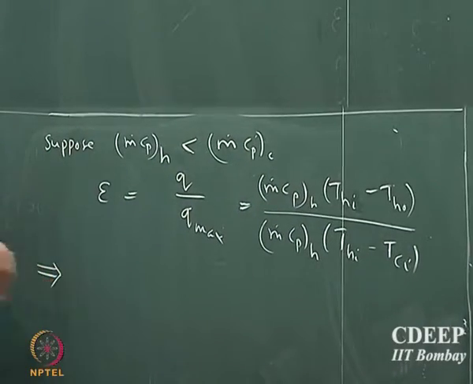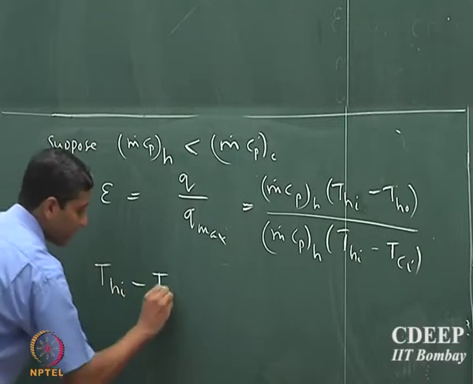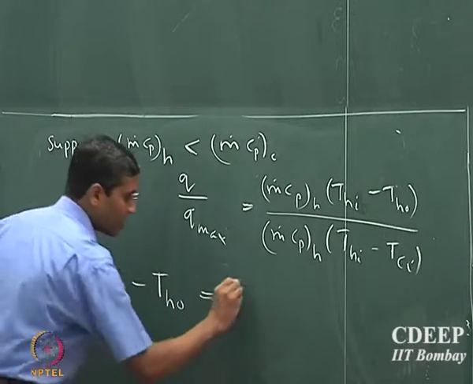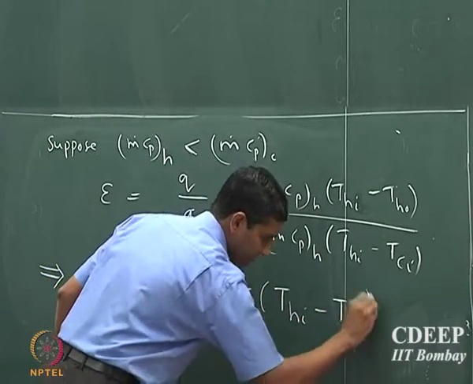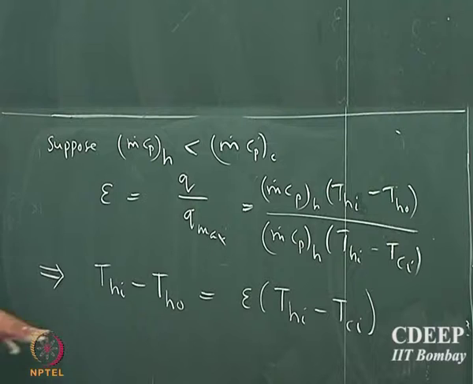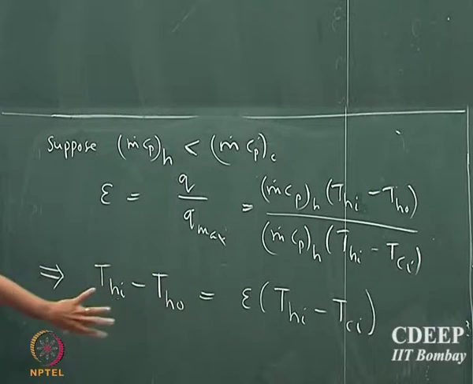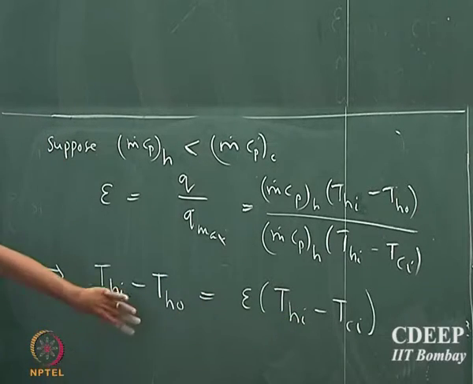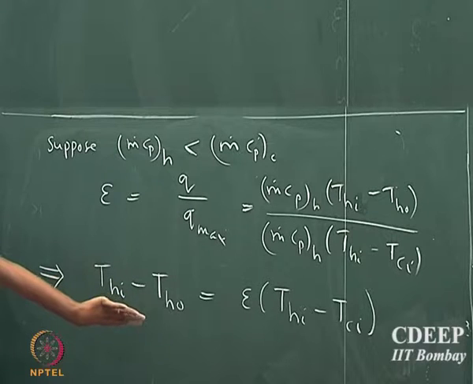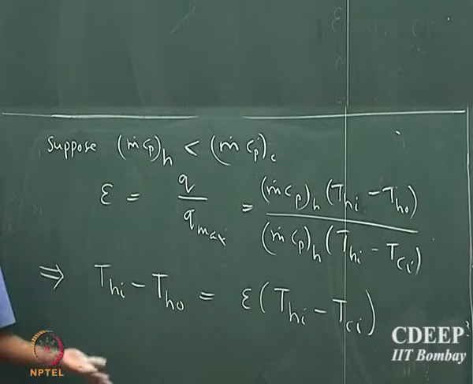So from here we can see that Thi minus Tho is equal to epsilon into Thi minus Tci. So this provides a mechanism to eliminate one of the temperatures. Remember that we have got inlet temperatures in this expression here. We could eliminate Tho from here. We will see how to do that in a short while. Okay.